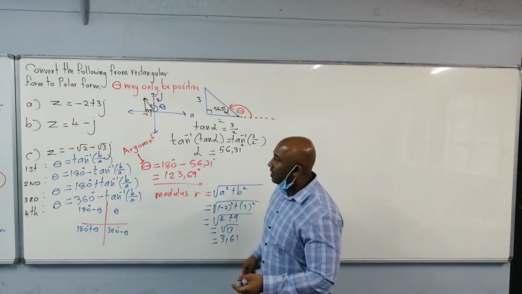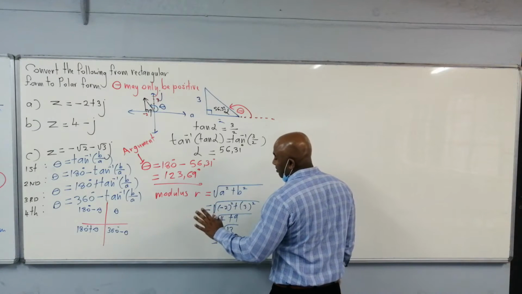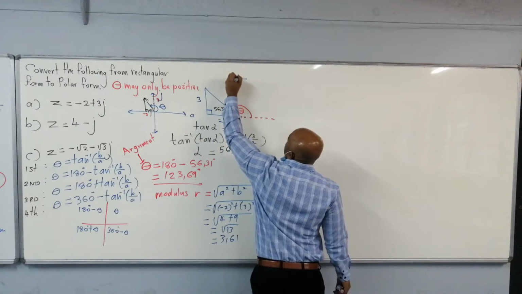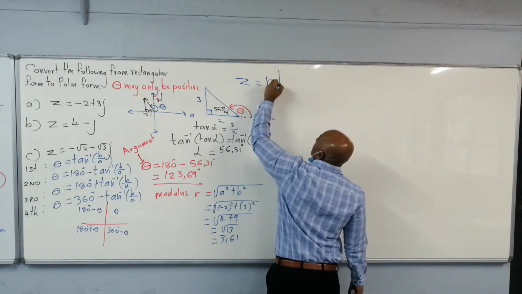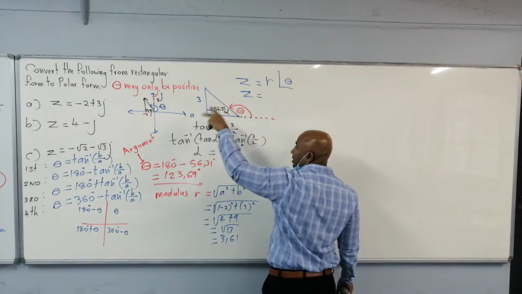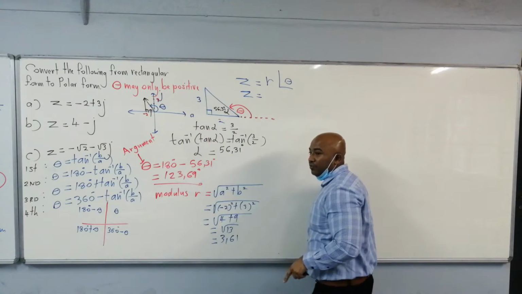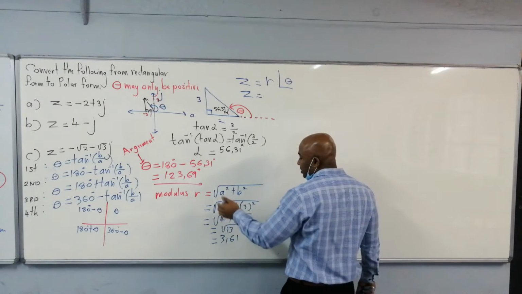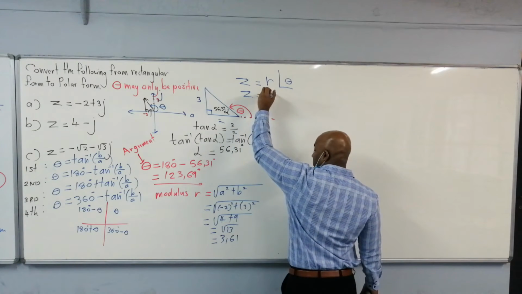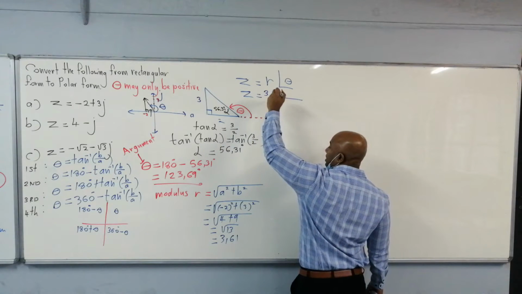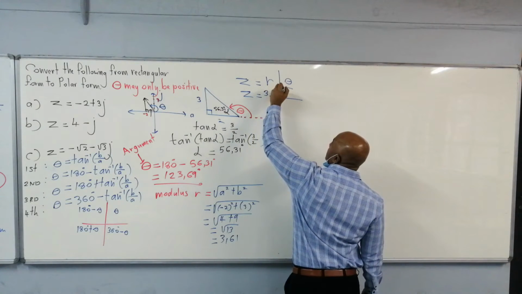Alright, before we deal with the next one, now Z is equal to r theta. You need to write down your answer. The question was to convert to polar form. Your final answer must be in polar form, which was 3,61 for r, and your theta was 123,69.